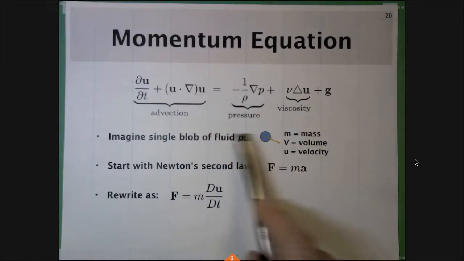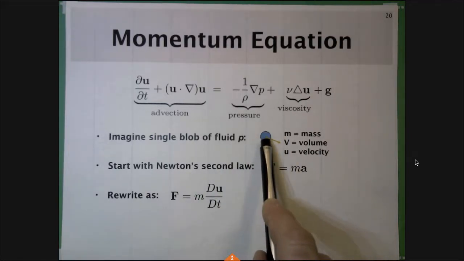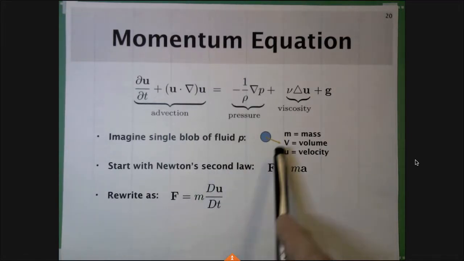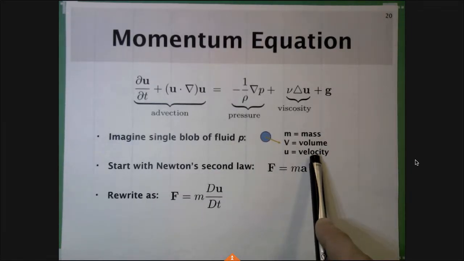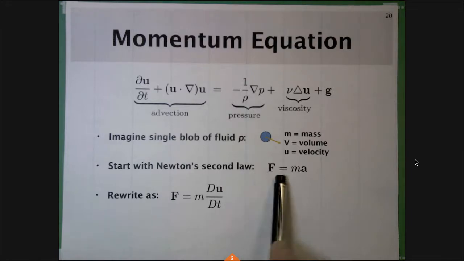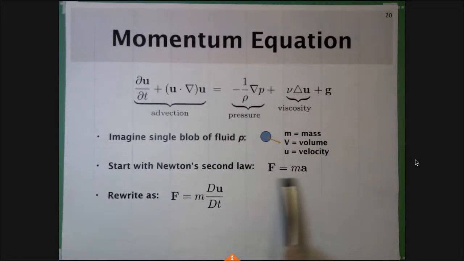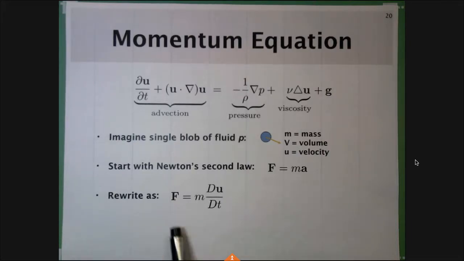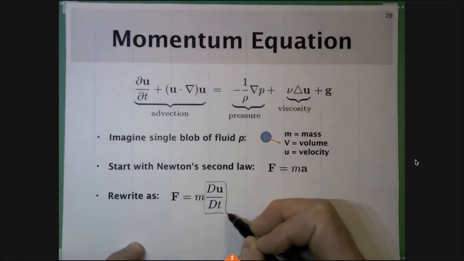So we can look at it as if we have a small blob of fluid at some position, which has some mass, volume, and velocity. I would like to show you how to derive the Navier-Stokes equation from Newton's second law. So F equals ma. What we actually start with is that we write the acceleration in this funny way, the Du over Dt.